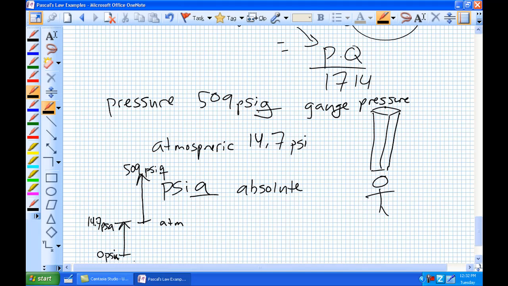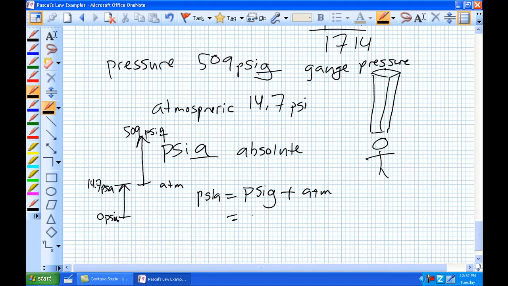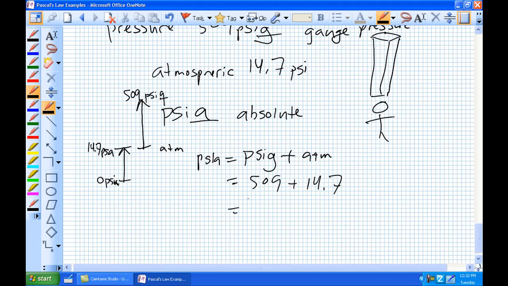So what is our absolute pressure in this case? Well, psi G plus atmospheric pressure is equal to psi A. So in this particular case, 509 plus 14.7 is 523 psi A absolute.